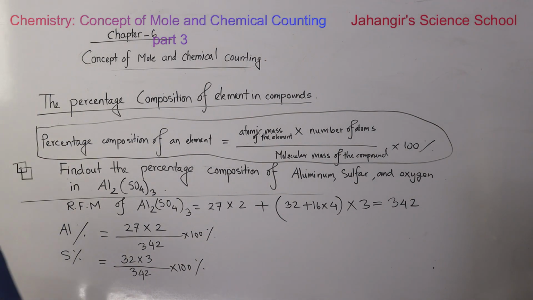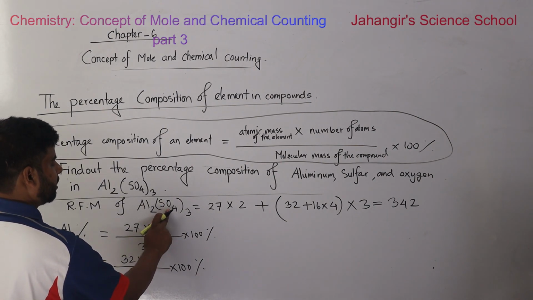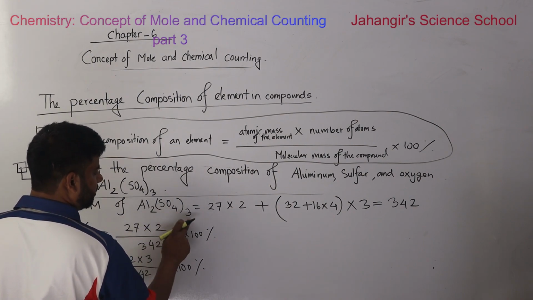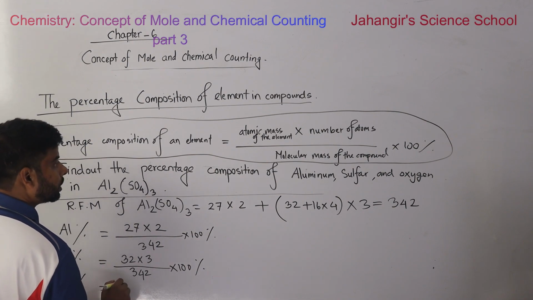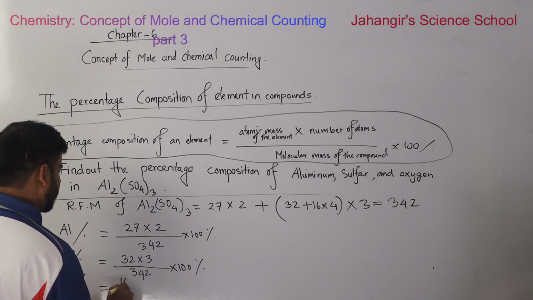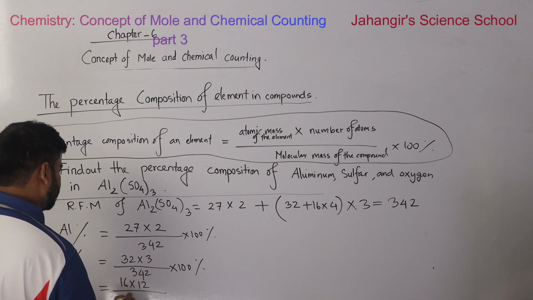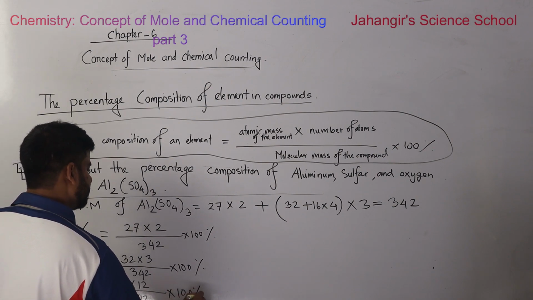And the percentage of oxygen: sulfate has 4 oxygen, but overall there is the power 3, so 12. Oxygen atomic mass is 16 times 12 divided by 342, times 100%.